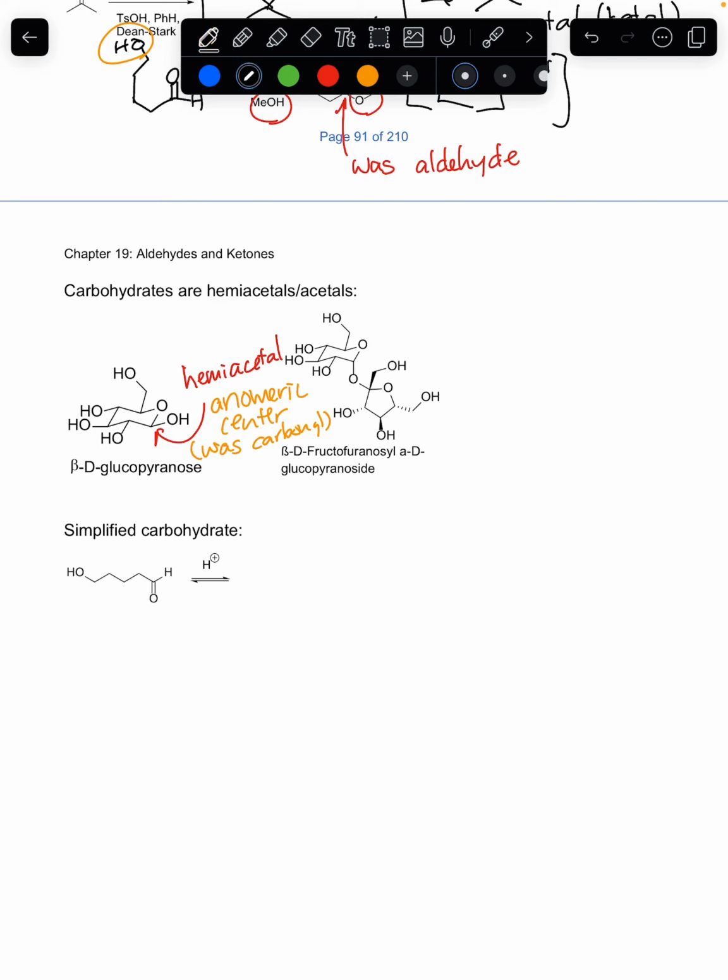The reason why that's important for carbohydrate chemistry is that's the stereochemistry that dictates the important biological properties of the resulting carbohydrates. Because remember, the anomeric center, the carbon that was carbonyl, was sp2 and flat.